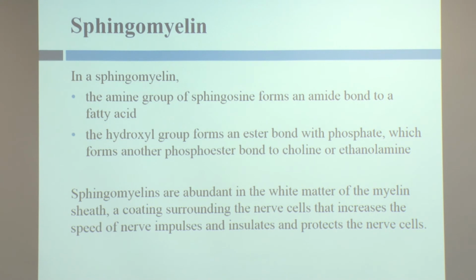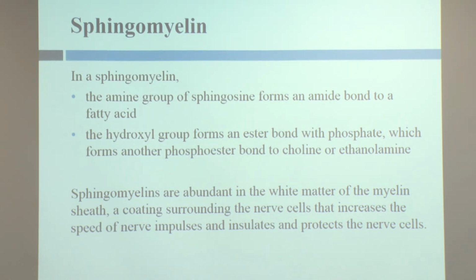Sphingomyelin, this is the next phospholipid. The amine group of sphingosine forms an amide bond to a fatty acid. Please look at page 530. Now, while we are looking at this slide, please look at page 530.